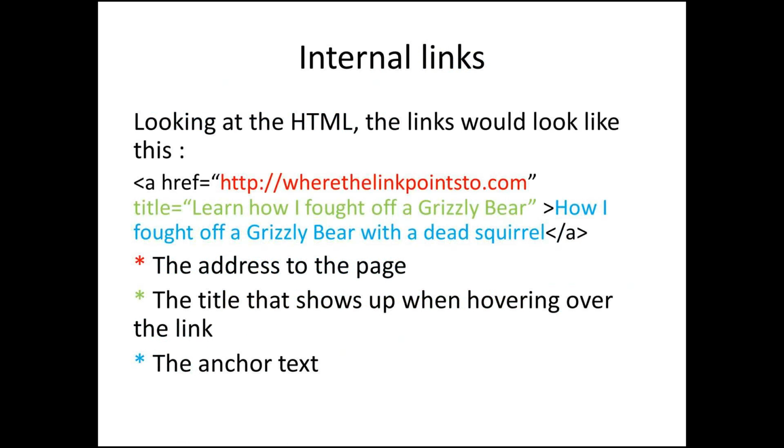So looking at the HTML tags, you'll see in red is the actual URL that the link points to. The title, which is green there, learn how I fought off a grizzly bear, is a little text that shows up when you hover over a link. That's called the title. And again, grizzly bear is my keyword in there. And so I've used it within that title tag also, and the search engines will look at that.